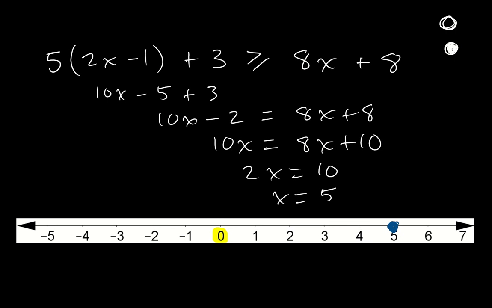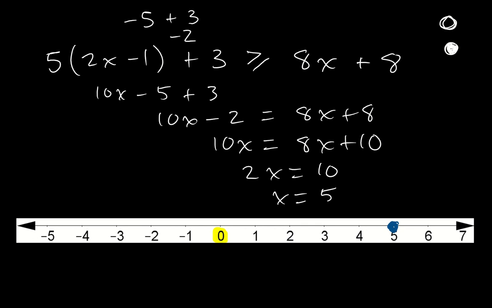If I put 0 in for that x, that means this is going to become negative 5 plus the number 3. All right. Well, what is negative 5 plus 3? That looks like the number negative 2. Okay.